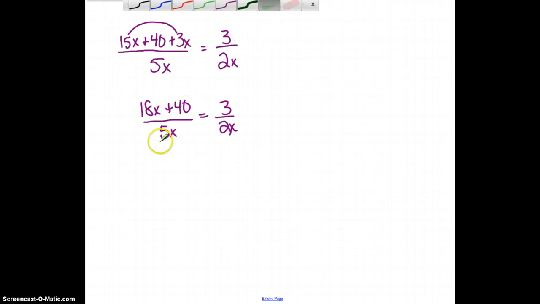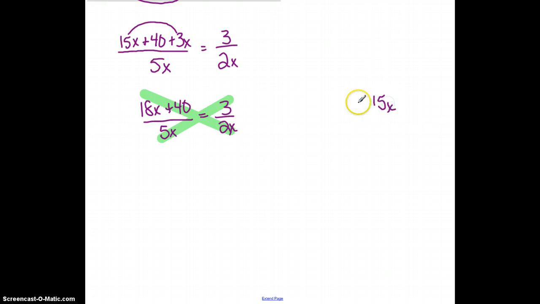So we cross multiply. If I do that, 5 times 3 is 15 with that x. The other side's going to be 2x times 18x plus 40.